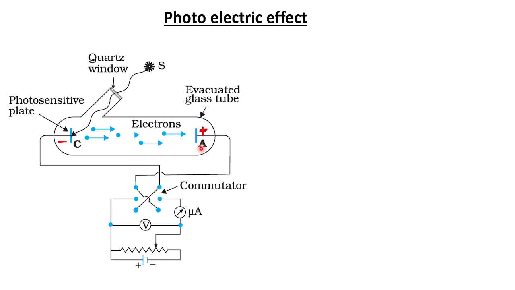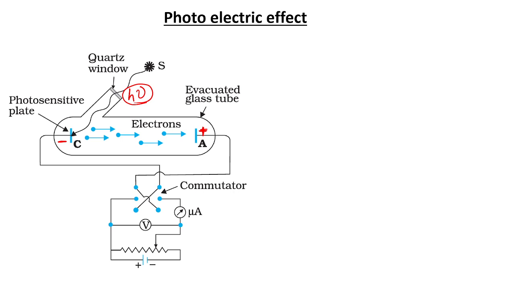Why are the electrons separated from C when the light rays fall on C? Can you tell me the reason? They are excited, sir. Yes, because this light source S emits radiation in the form of photons. Each photon has the energy h mu, correct?